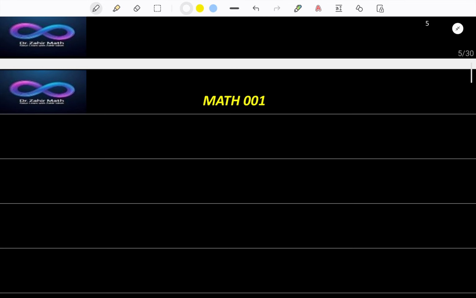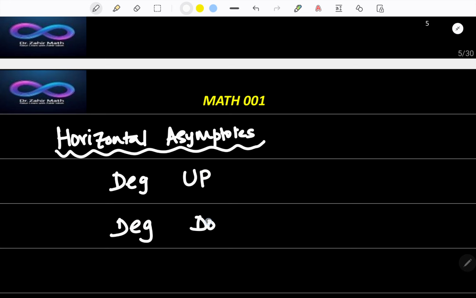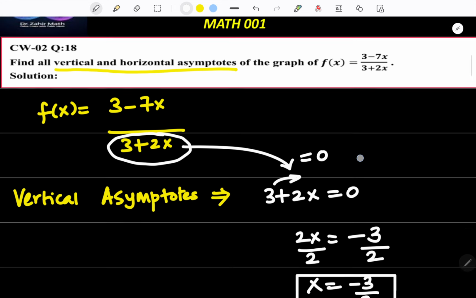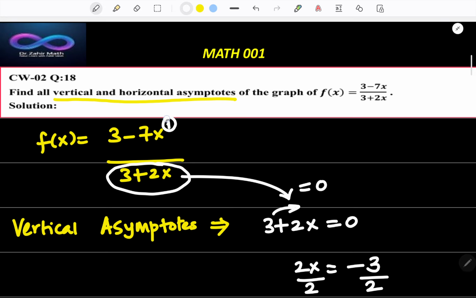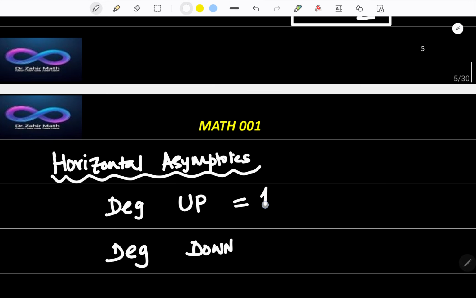Now we are going to find the horizontal asymptotes. How do you find horizontal asymptotes? For this we need the degree in the up and the degree in the down. What is the degree in the up? Big power. It is 1. What is the degree in the down? It is big power. It is also 1. Is it equal or less or more?